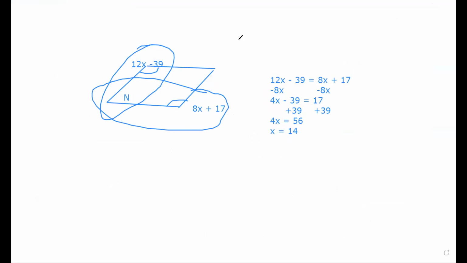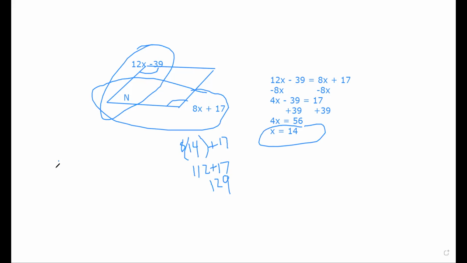So what is that? 8x plus 17, 8 times 14. Where did 14 come from? That's how much x is. So 8 times 14 is 112. So 112 plus 17, that angle is 129, and so is the other one across the way.